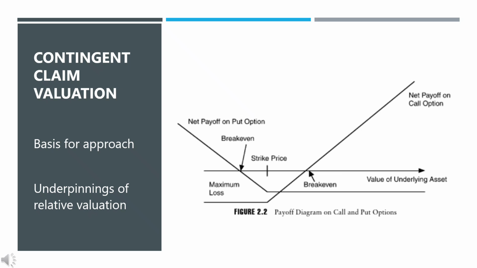Underpinnings of contingent claim valuation. The fundamental premise behind the use of option pricing models is that discounted cash flow models tend to understate the value of assets that provide payoffs that are contingent on the occurrence of an event. As a simple example, consider an undeveloped oil reserve belonging to Petrobras.